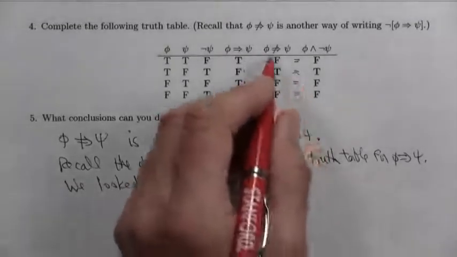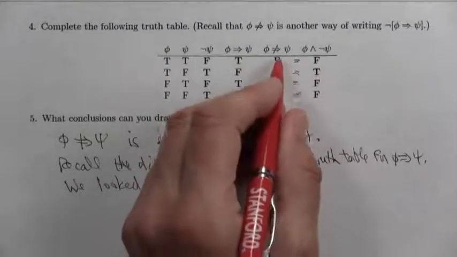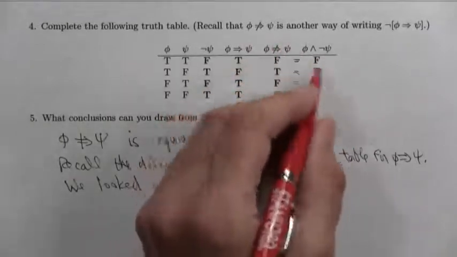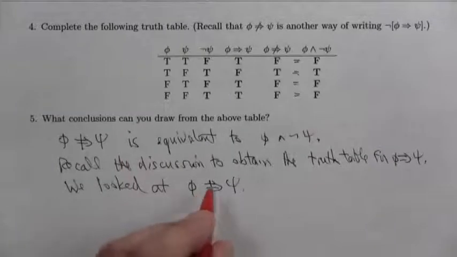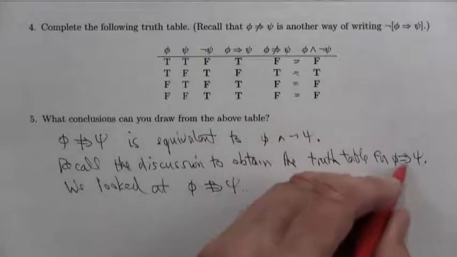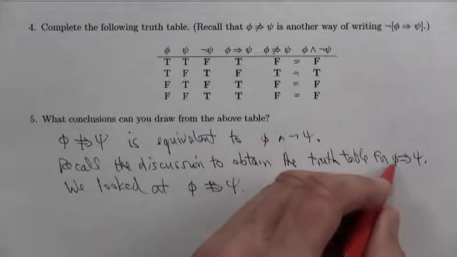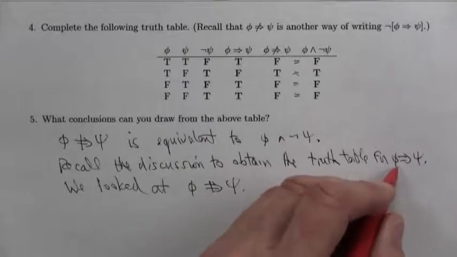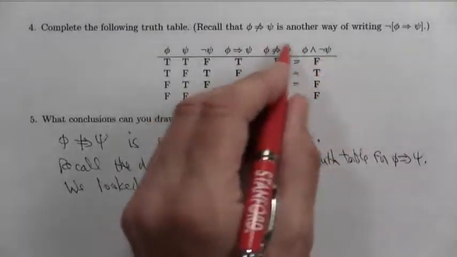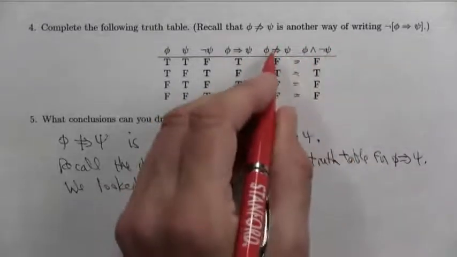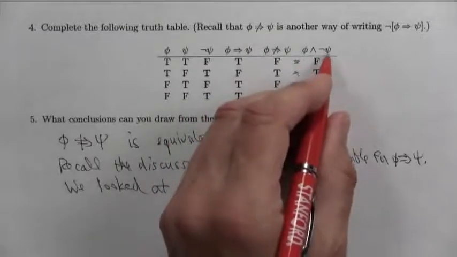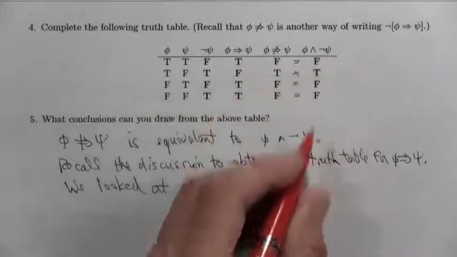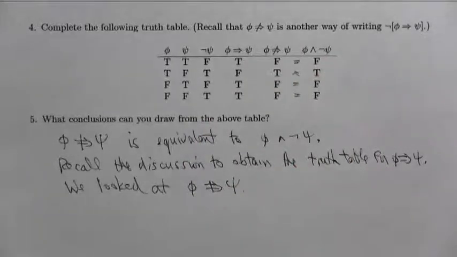And this truth table here shines a light on what was going on. It explains to us why looking at that enabled us to work out the two problematic truth values for the truth table for implication when phi was false. Because it's this equivalence that we were capitalizing on: that phi does not yield psi if phi is true and nevertheless psi is false. Okie dokie? Well, that's questions 4 and 5 for you. How did you do?